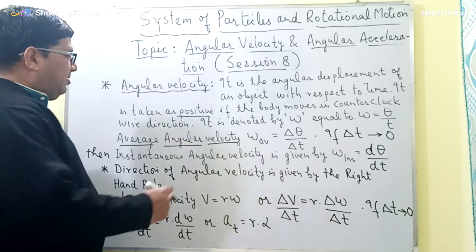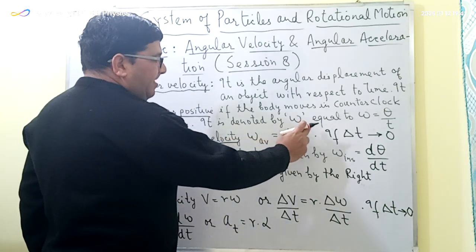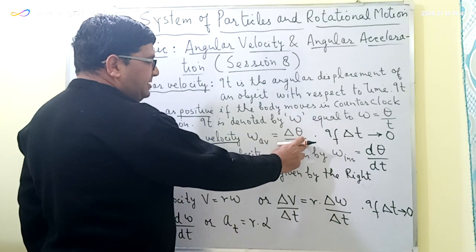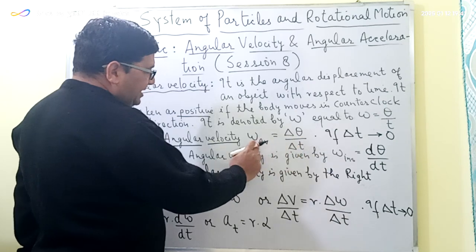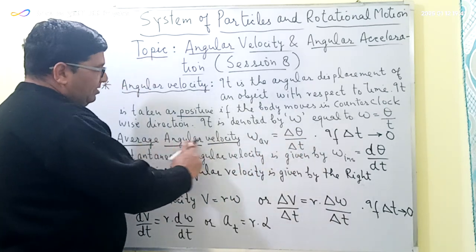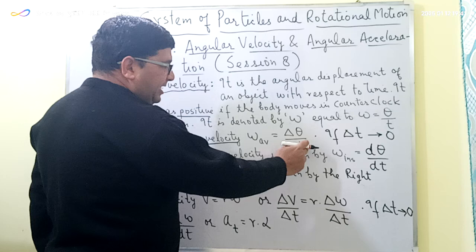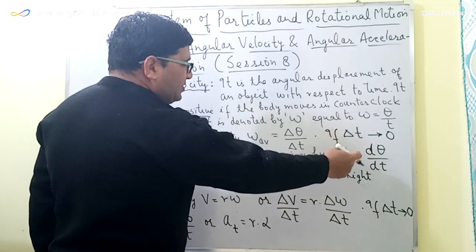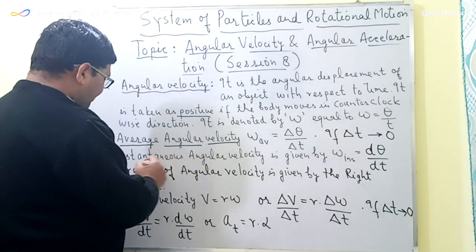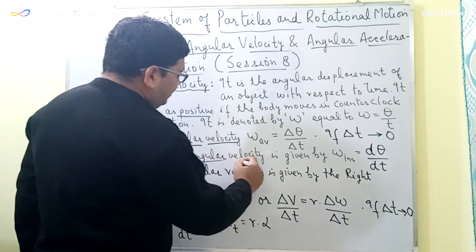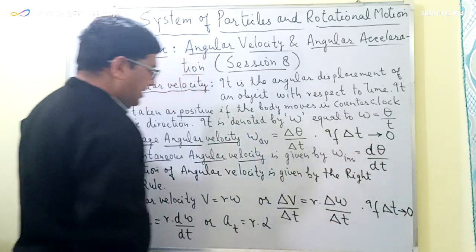And if delta theta is the change in angular displacement in the time interval delta t, then the average angular velocity is delta theta upon delta t. If delta t tends towards 0, then the instantaneous angular velocity is given by d theta upon dt.